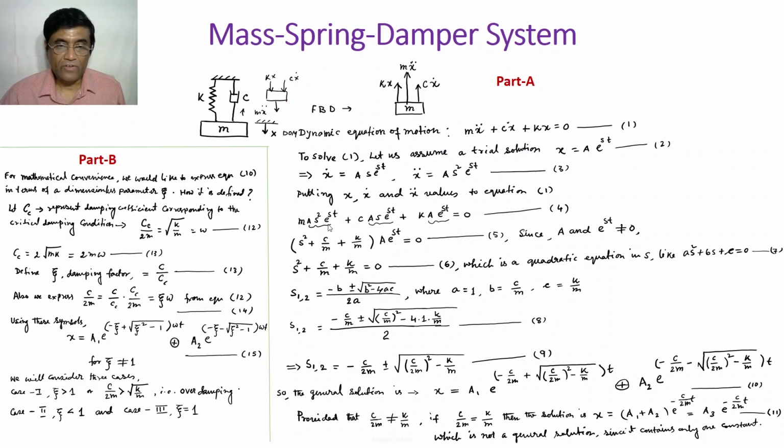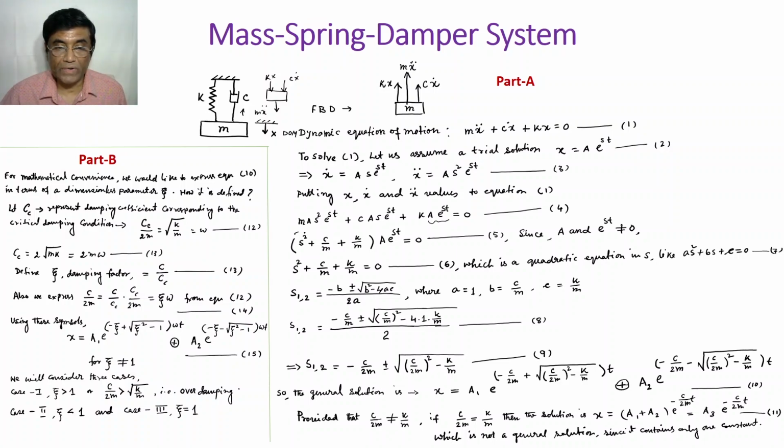Great. Now if you look, A is actually constant, and s is also, and you see e^(st), we can make a little bit of simplification. We get (s² + (c/m)s + k/m) A e^(st) = 0.